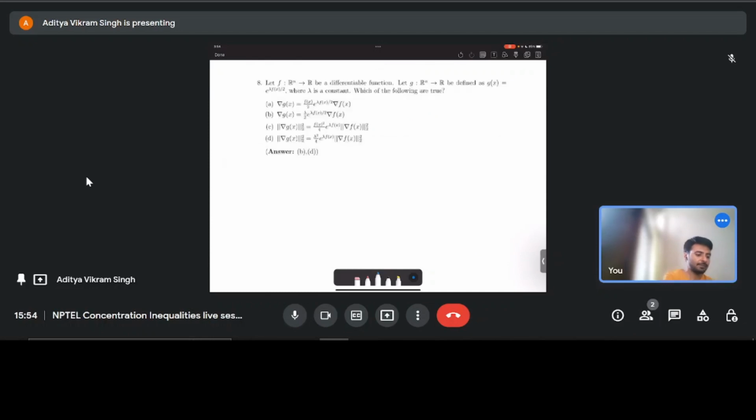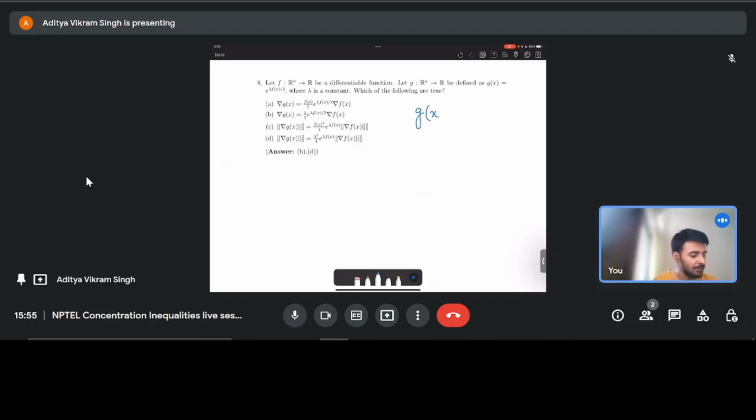Question 8. Let f be a differentiable function. Let g be defined as g(x) equals e power lambda f(x) by 2. Again it's an R to R function. Which of the following are true? We just want to compute the gradient of g(x).